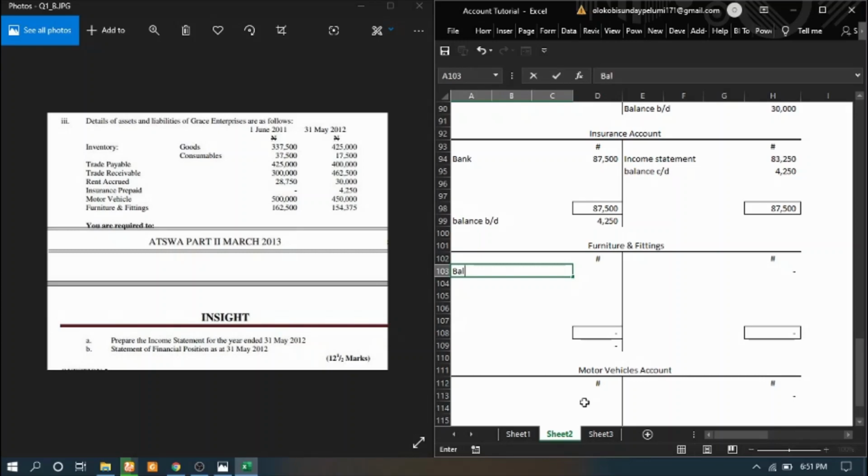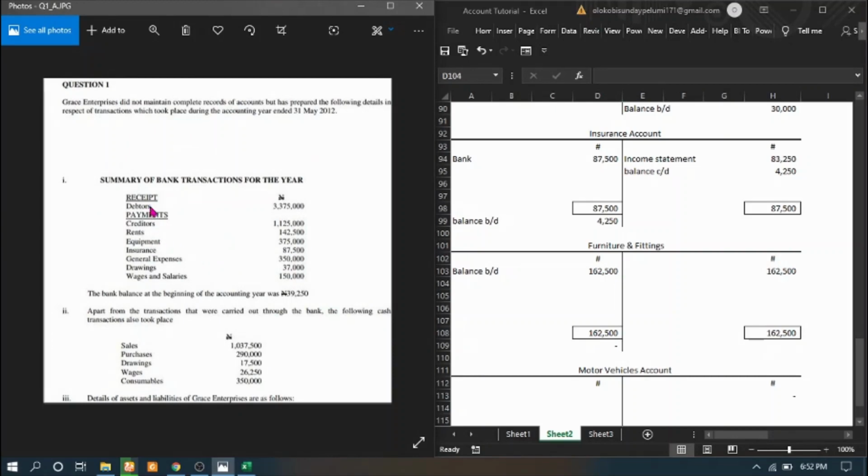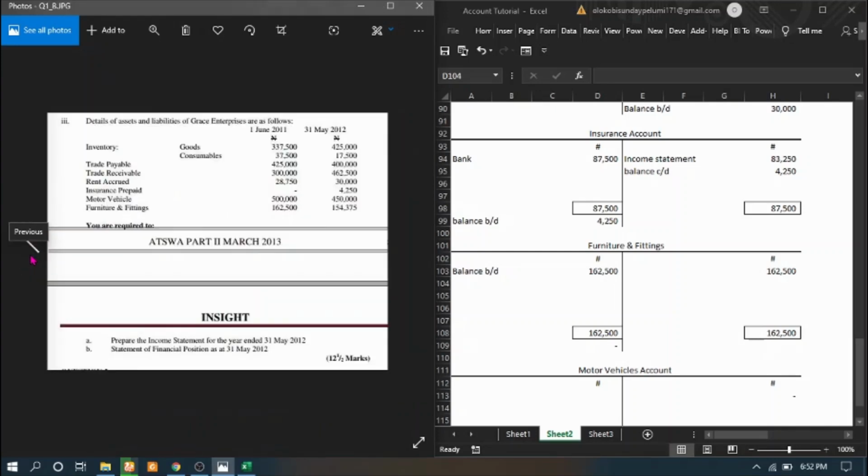Balance b/d, that is an asset, and it is furniture and fittings 162,500. That is the amount there. Do we have any purchase during the period? No, we don't. Is the equipment we have as purchase? We do not have.